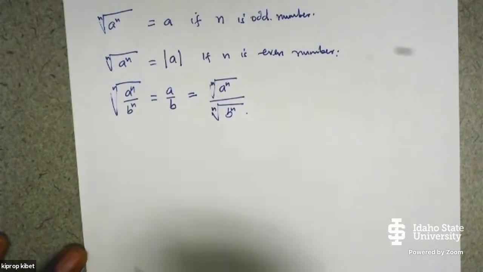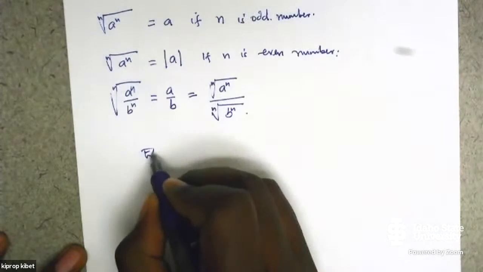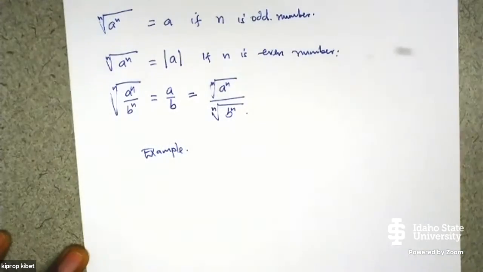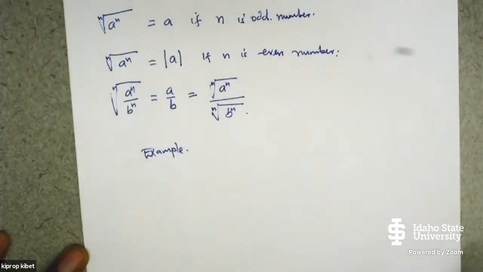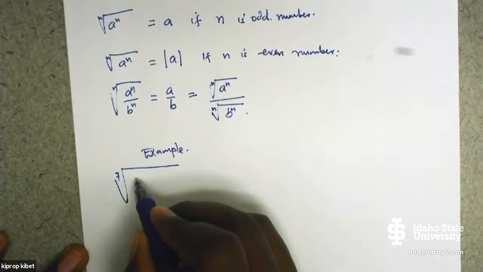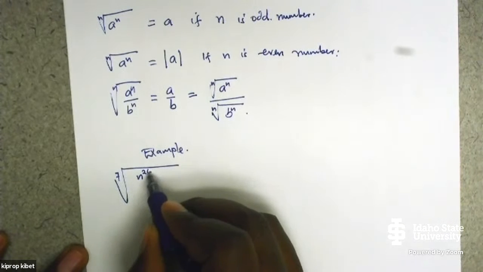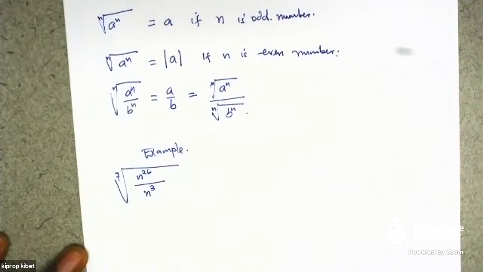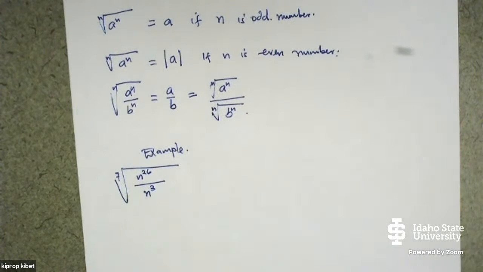Then, another example. Find the seventh root of n raised to 26 all over n raised to 3.